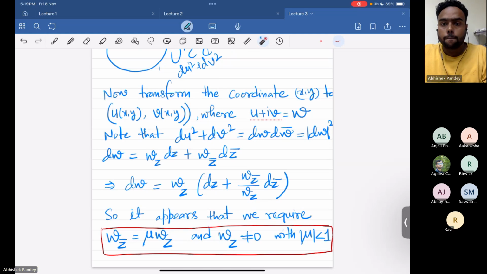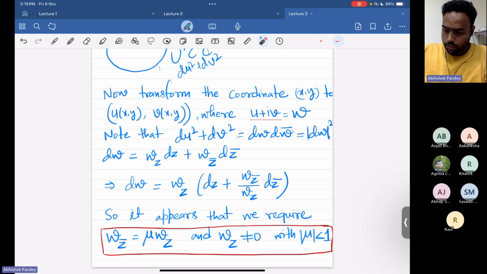Yep. I'm saying it will be clear. Why? Because you can put all the things there, and then whatever you showed earlier, it will be of the form dz plus mu dz bar. Yeah, exactly.